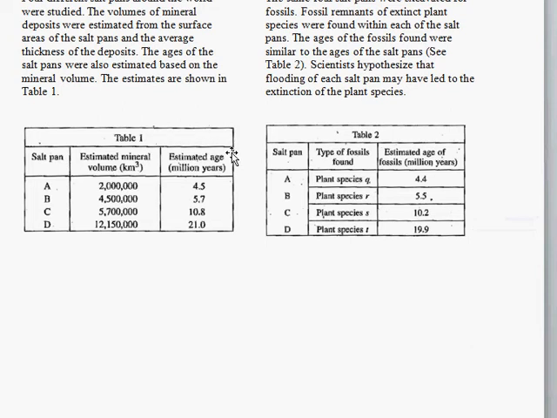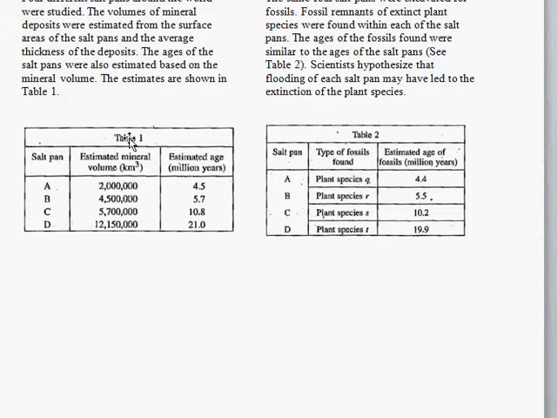They didn't tell us which table, so we're going to have to figure that out. Where do we find estimated mineral volume and estimated age? Well, I see type of fossils and estimated age. Here I see estimated age and estimated mineral volume. So that's what I'm looking for, these 2 things.